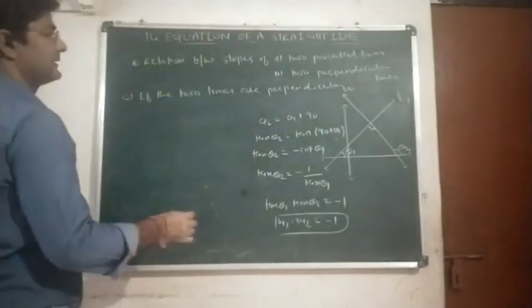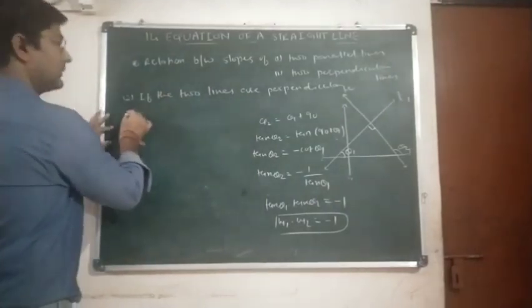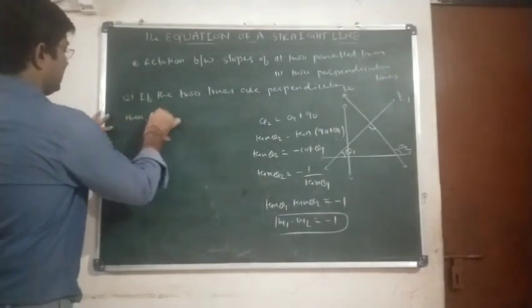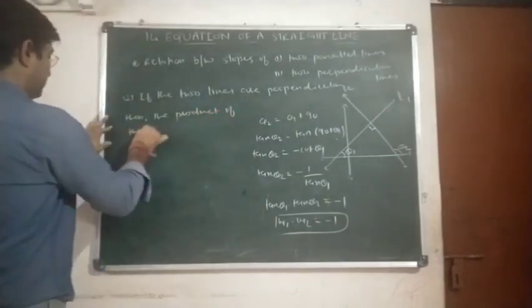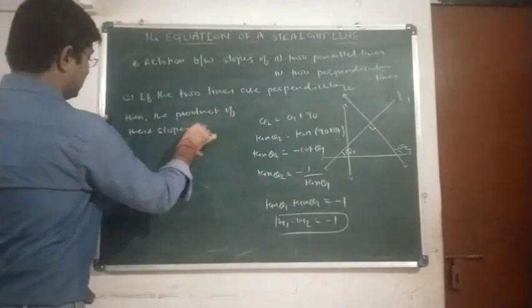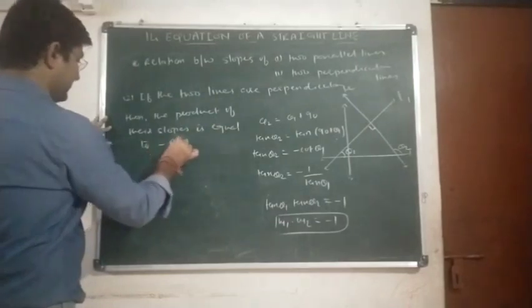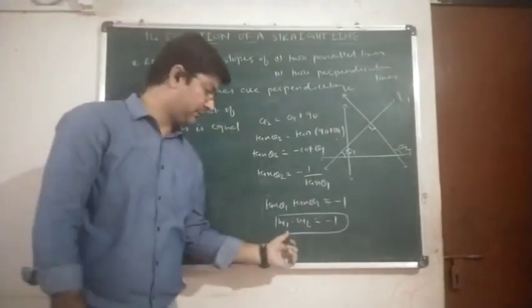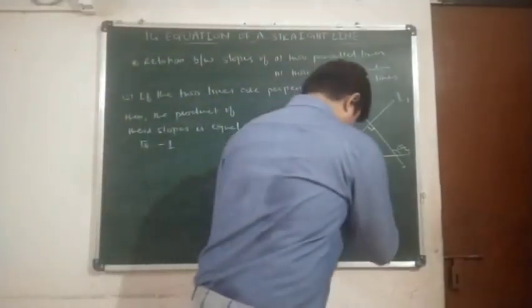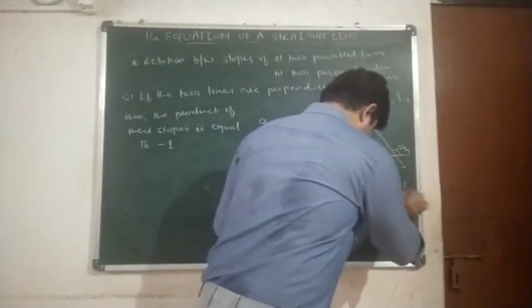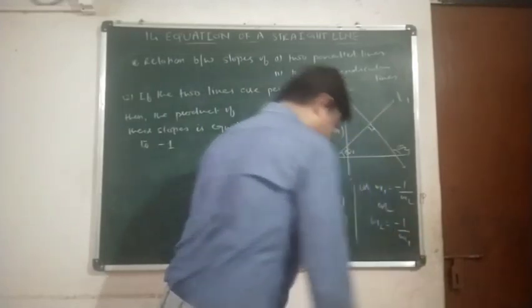Clear? If the two lines are perpendicular, then the product of their slopes is equal to minus 1. So we will remember this relationship, m1 into m2 is equal to minus 1, or m1 is equal to minus 1 upon m2, or m2 is equal to minus 1 upon m1.